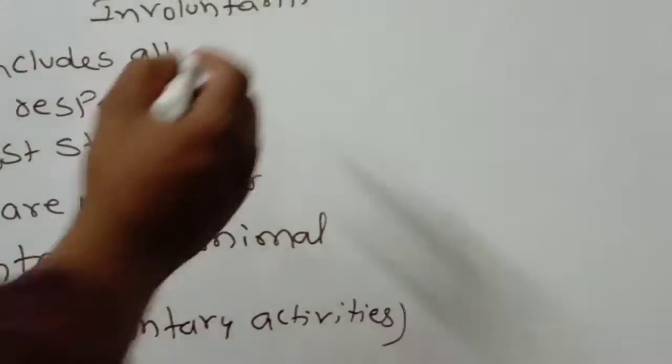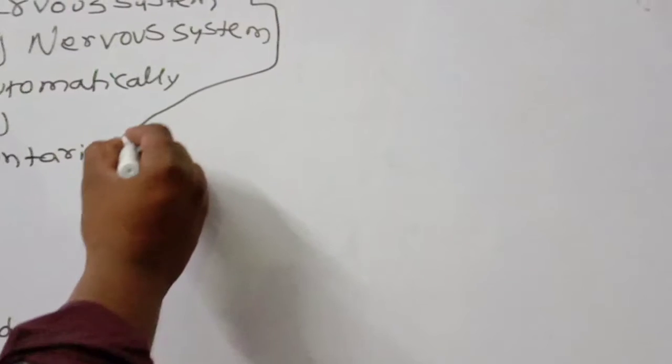Next point about the autonomic nervous system is the visceral nerves.